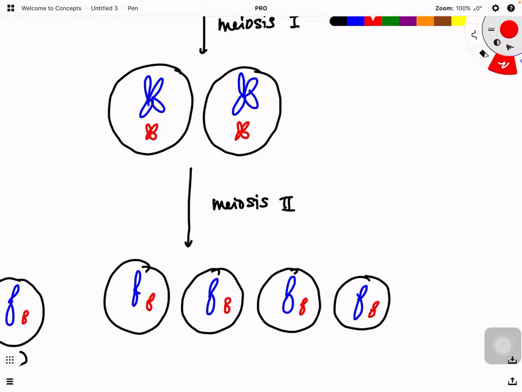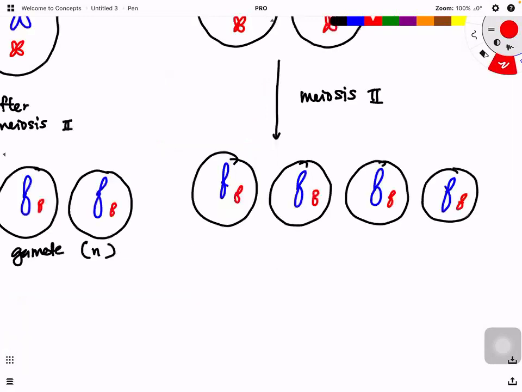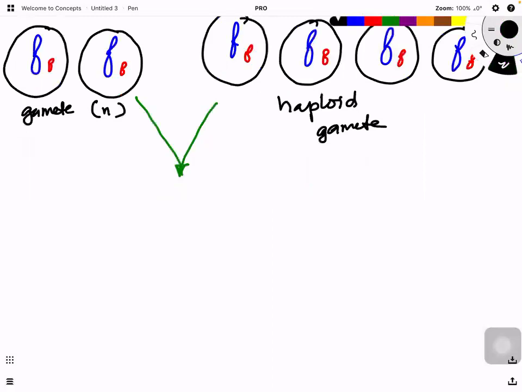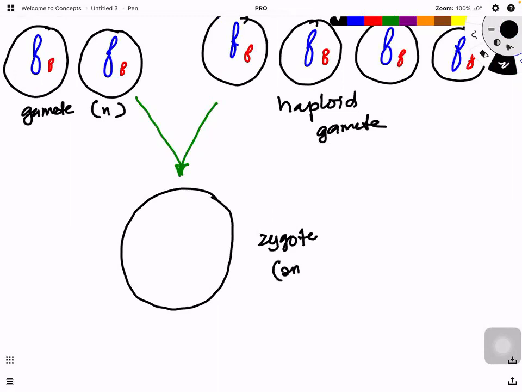So if fertilization takes place between these male and female haploid gametes, we are going to get a zygote. This zygote must be 2N because it is going to get one blue, two blue, one red, two reds, so two sets.